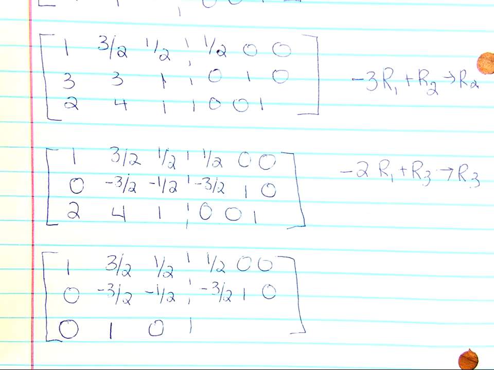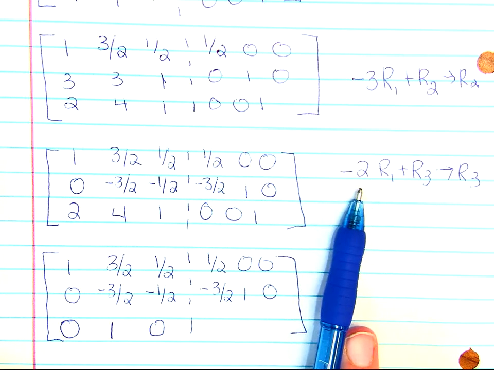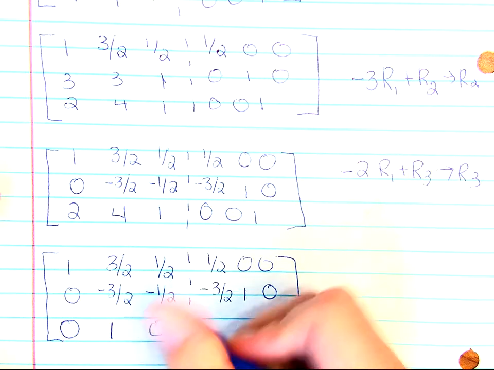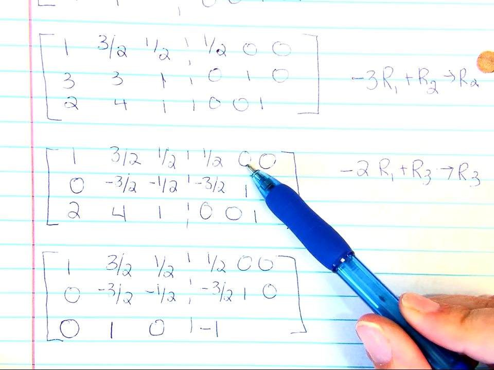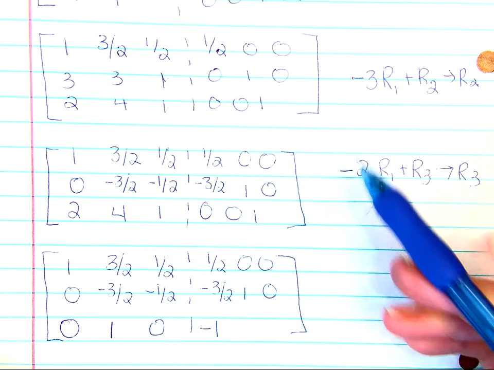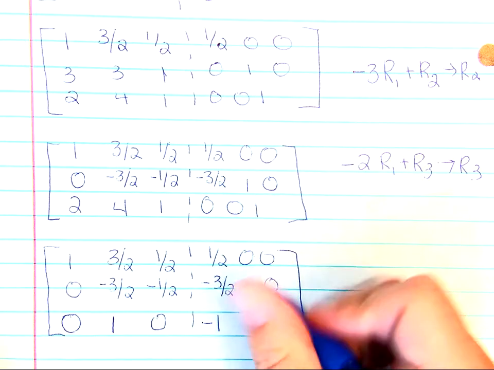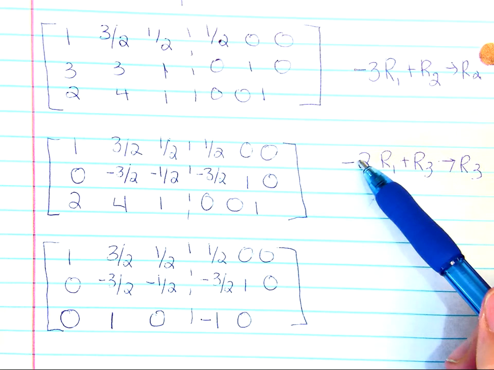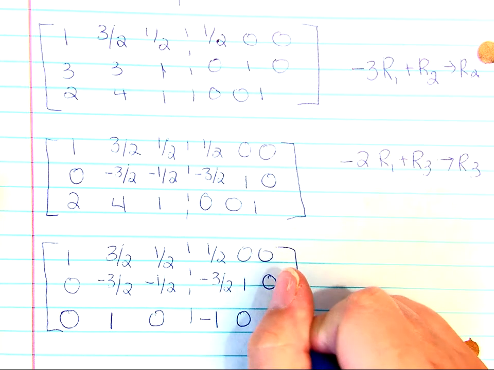Then I'm doing -1/2 times -2, that's -1, I'm adding that to 0, so that's going to be a -1. -2 times 0 is 0, and I'm adding that to 0, so this one should be 0. Here I'm doing -2 times 0, I'm adding that to 1, so this would be 1.